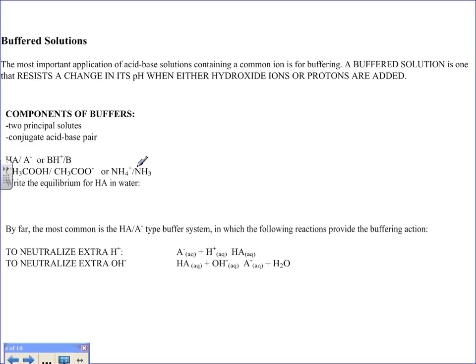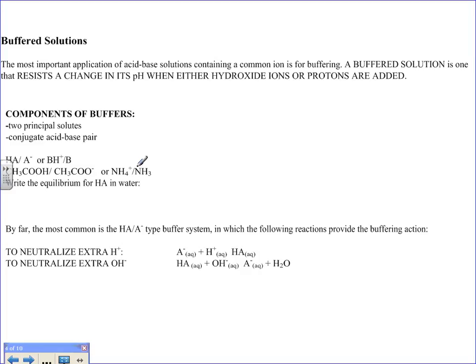Now, a buffered solution is one that resists the change in pH when we add either hydroxide ions or protons. In biology, you have probably studied already about the buffered solution in our blood. It's really important that our blood keeps a constant pH, and therefore we've got a buffer in our blood of the bicarbonate ion, which will resist a change in pH.